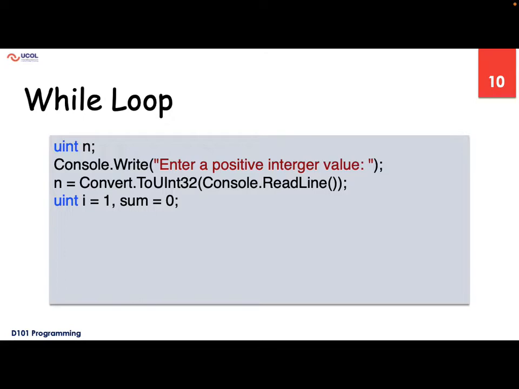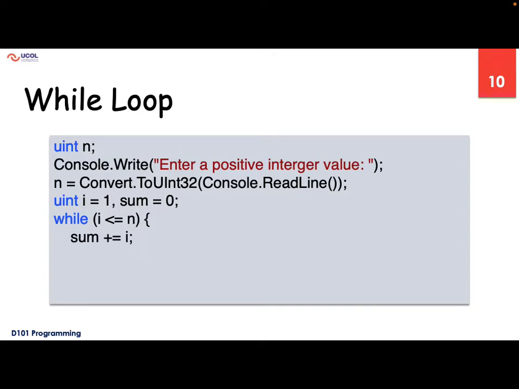These are exactly the statements that we have written down in our flow chart. And then we say while, that is the while, and then put that condition i is less than or equal to n.